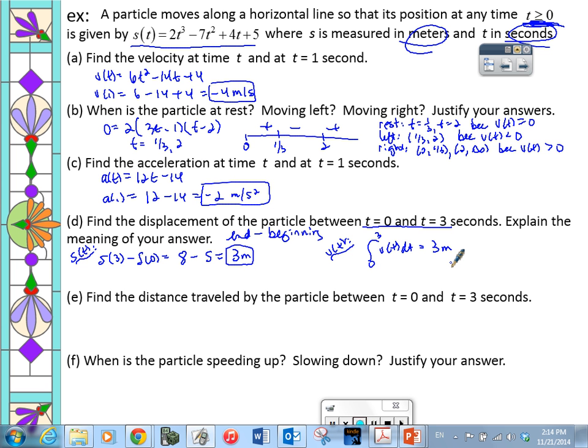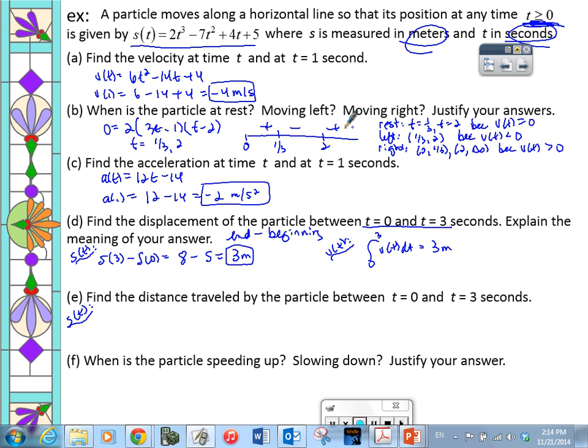Distance is a little bit harder because we have to account for the times that we're going backwards. So we have to know when we're going backwards first is the issue, and then we're going to have to account for it. We can't just do end minus beginning. So if we have the position, now we're asked to find distance. What we're going to have to do is end minus beginning every interval.